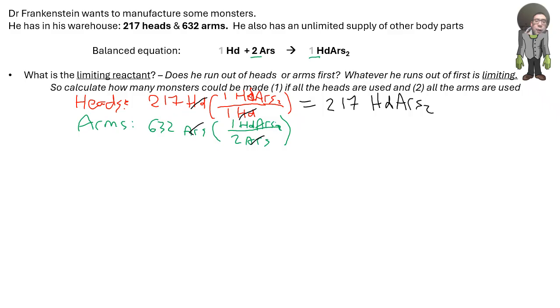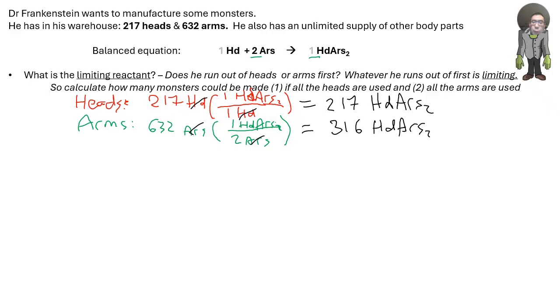So that's why the arms goes in the denominator here, so it can cancel with the arms here. And we get 632 times 1 over 2, 316 HDARS2.